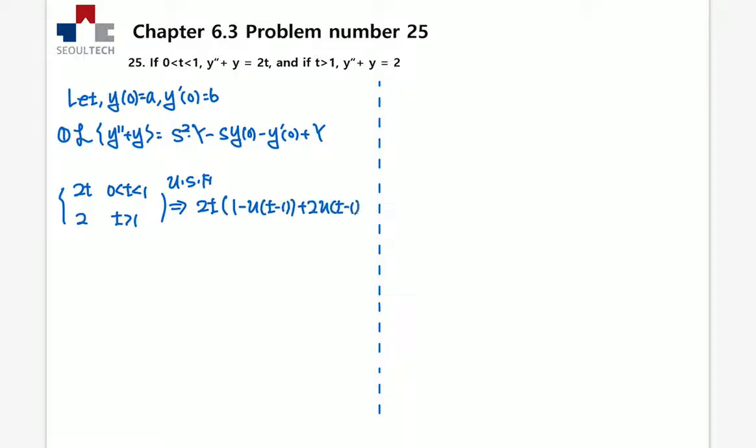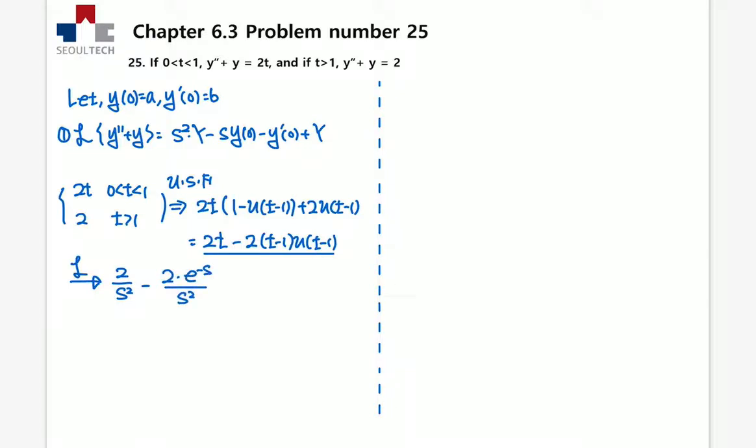You can simplify this further: 2t minus 2(t minus 1) times u(t minus 1). Then you can take the Laplace transform, giving 2 over s squared minus 2 times e to the minus s over s squared.